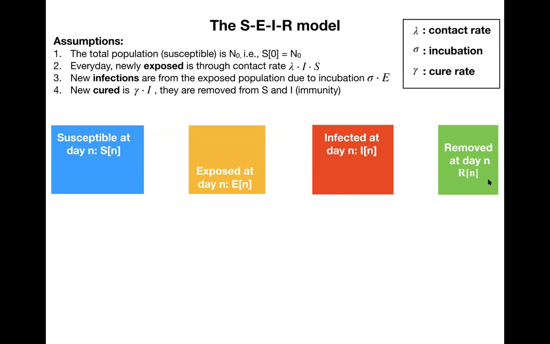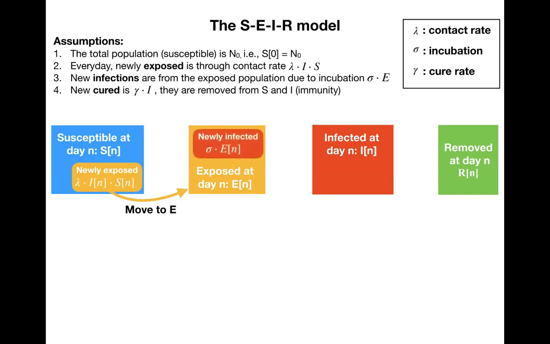Now the assumption is that every day we have a newly exposed population. People get exposed to the virus through contact, which is lambda times I times S, and these get added to the exposed population. In the exposed population, some portion of the people will start to show symptoms and become ill.